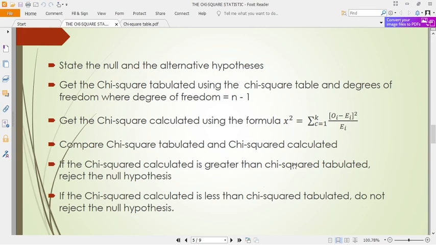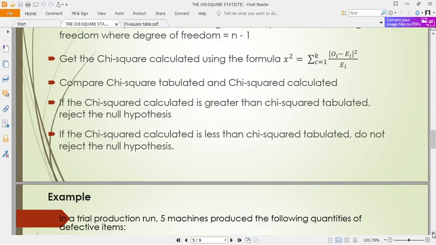So this is now the level of decision making. When what you get from the formula is greater than what you get from the table, then you reject the null hypothesis, and vice versa. Or if it is less than the chi-square tabulated, then we do not reject the null hypothesis.